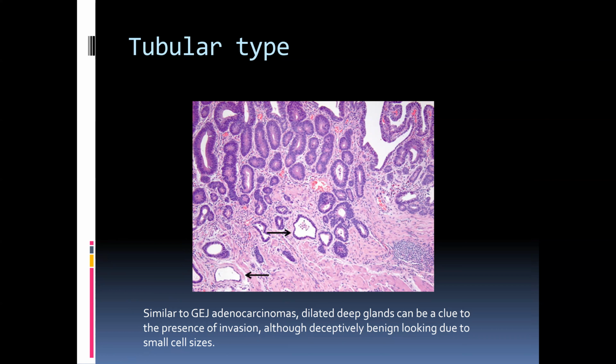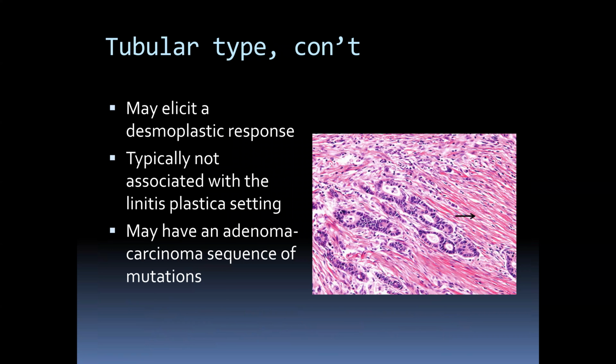So these again are another insidious component of gastric carcinoma's infiltrative pattern that can be easy to miss. Now, some tubular types will exhibit a desmoplastic response, and therefore it can be a little bit easier to detect. This probably is related to the adenoma carcinoma sequence of mutations that we see in the lower GI tract as well.